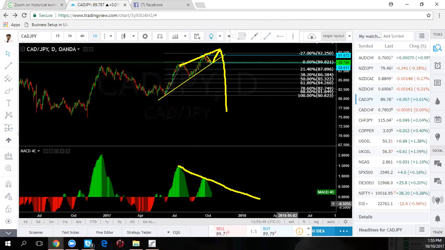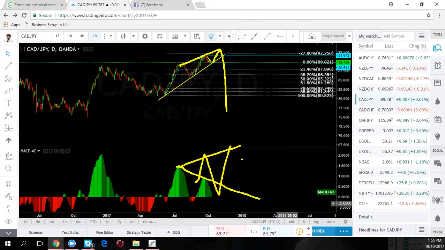You're going to have continuous divergence. When it's a contracting ending diagonal, you're going to have the MACD showing you the contraction in it. You also have expanding ending diagonals, where the MACD tends to expand, right? You'll see that in an ending diagonal that is expanding rather than contracting. The same thing with leading diagonals, when it's expanding and contracting.